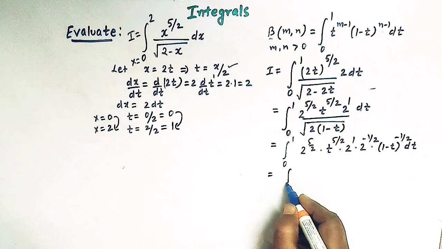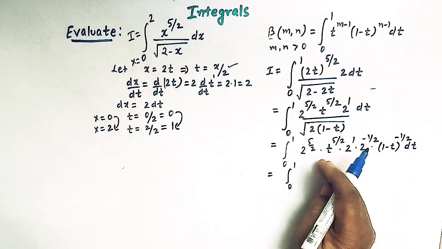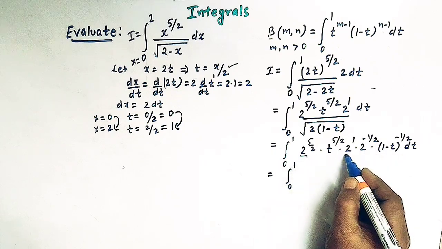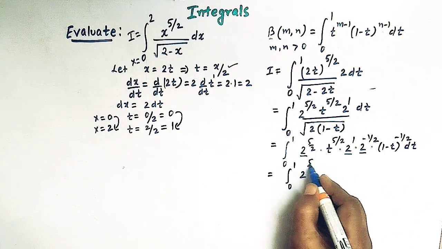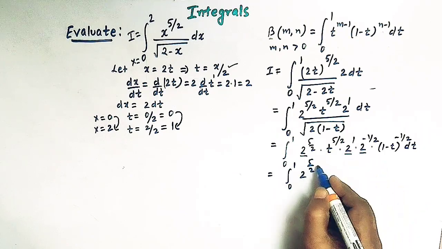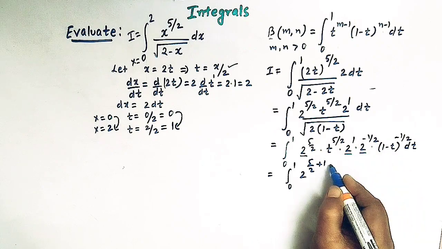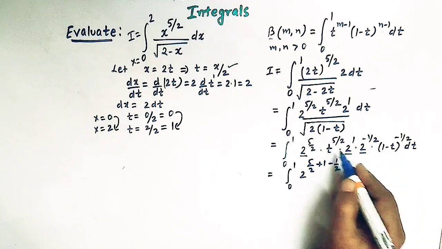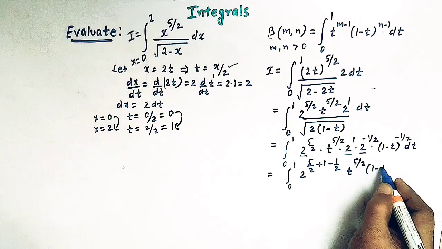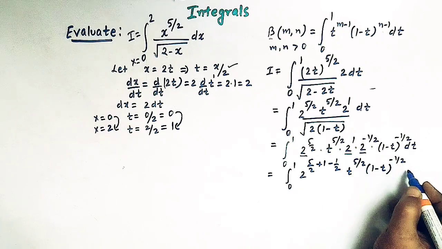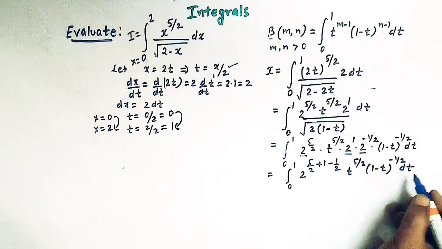So now let us further simplify it. Here we can collect all these 2's. So we have 2 raised to 5 over 2, then plus 1, and then minus half, and here we have t raised to 5 over 2 and 1 minus t raised to minus half, and dt.